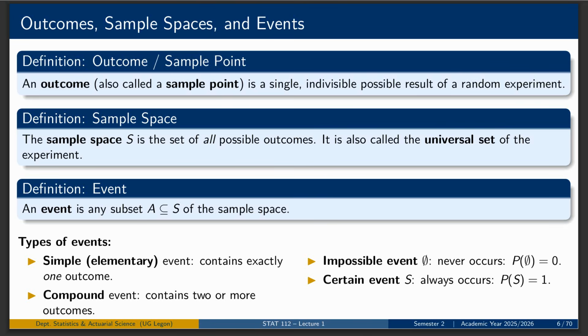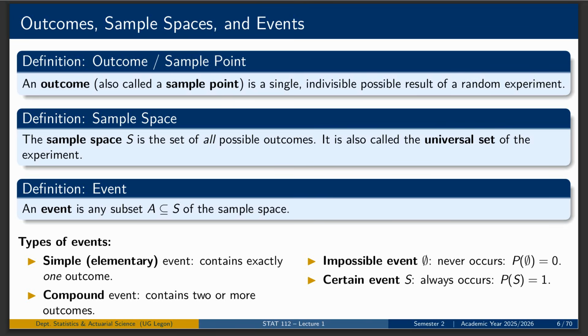Then we have impossible events. The impossible events are the events that cannot occur. They never occur. So I toss a coin and I want to get, let's say, a 5. That's not possible. A coin will either have a head or a tail. Or I toss a die and I want to get a value 10. That's not possible. Then we have certain events.